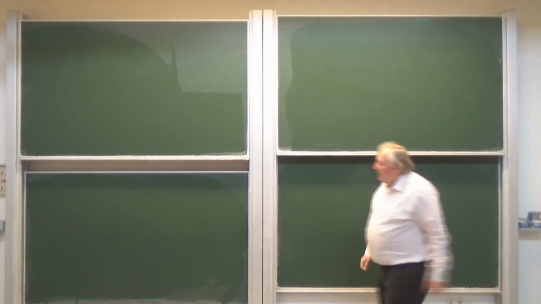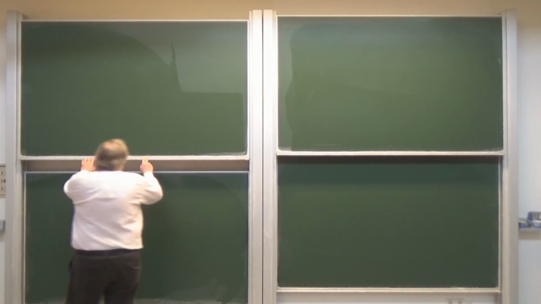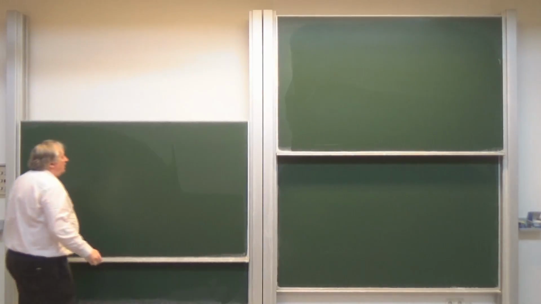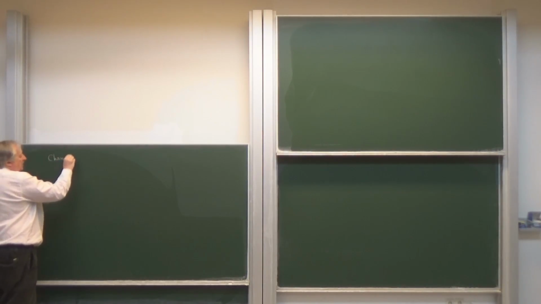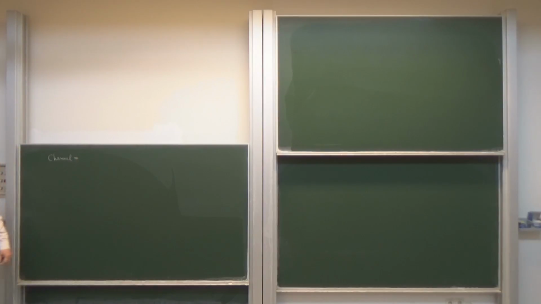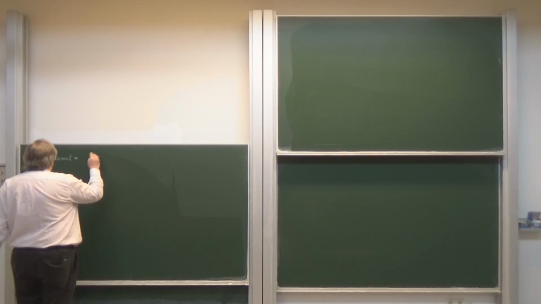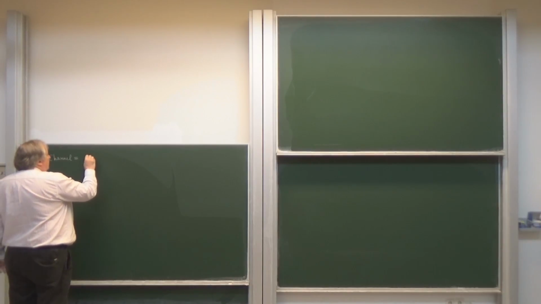Okay, so let's adopt the Heisenberg picture for the moment. Everything, of course, goes completely analogous in the Schrödinger picture. So this is a linear operator.